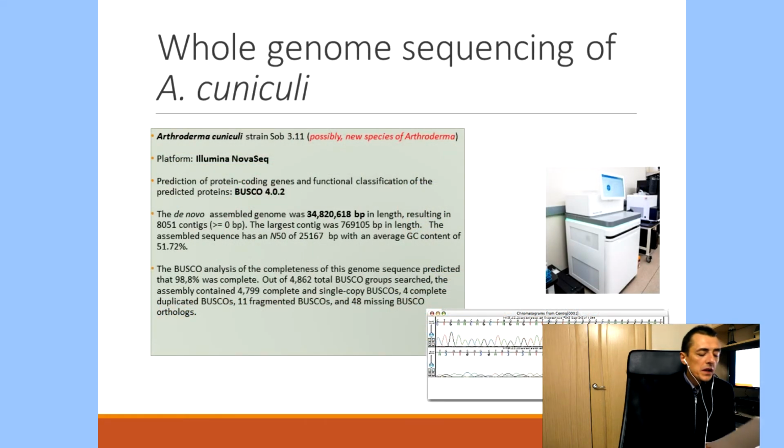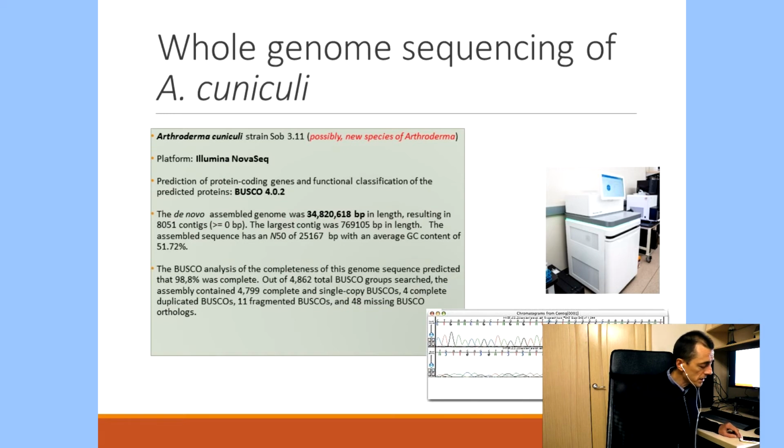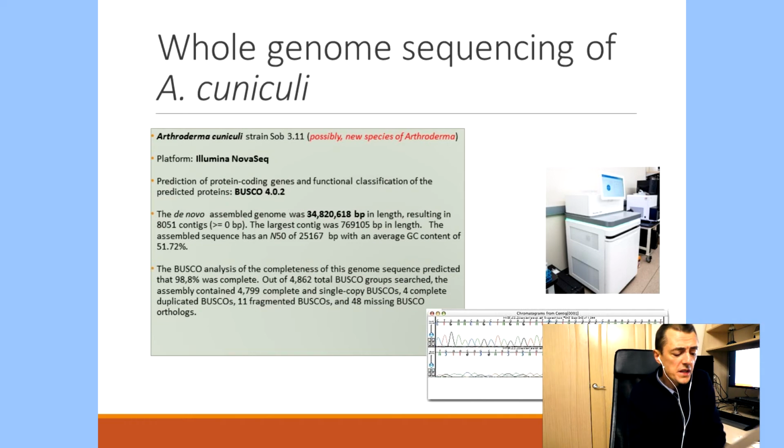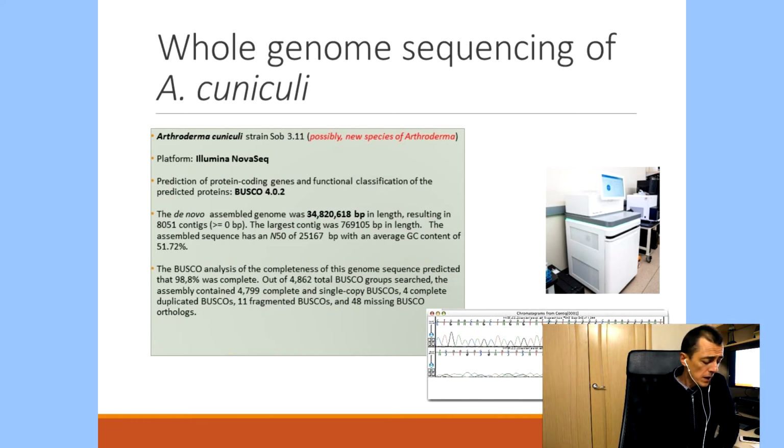Well, one isolated strain of Arthroderma cuniculi was subjected to whole genome sequencing on the Illumina MiSeq platform. So here you can see the draft results of the de novo genome assembly. And for now, we think that this strain represents a new species of Arthroderma.